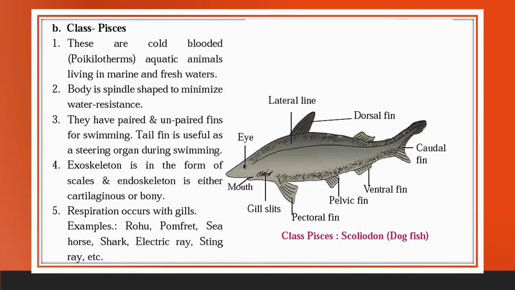Tail fin is useful as a steering organ during swimming. An exoskeleton is in the form of scales, and endoskeleton is either cartilaginous or bony. And also respiration occurs with gills. For example, rohu, pomfret, seahorse, shark, electric ray, stingray, etc.